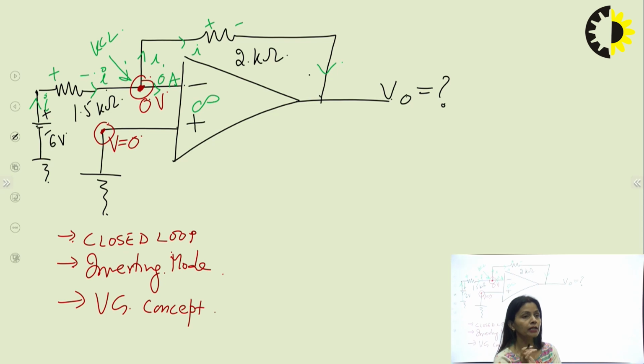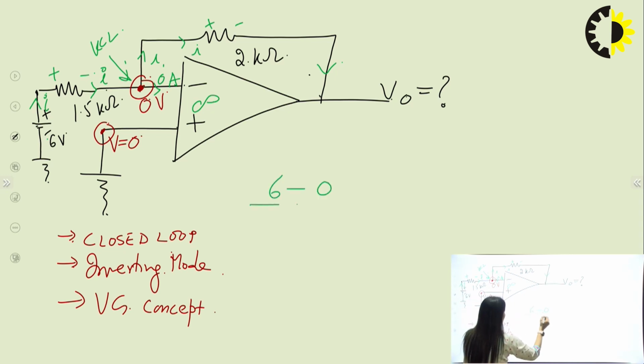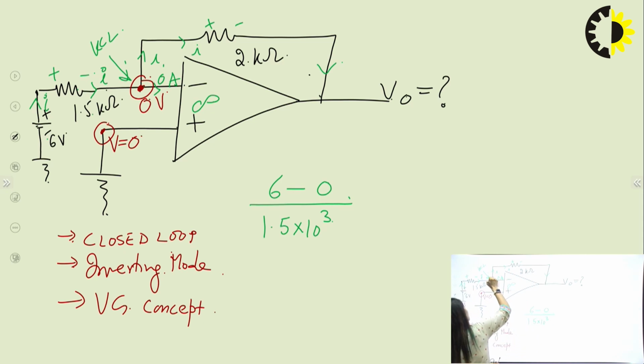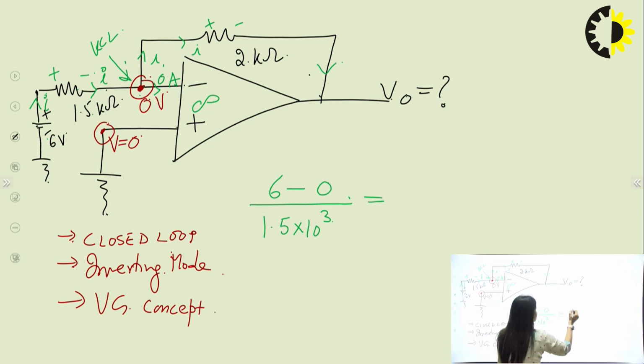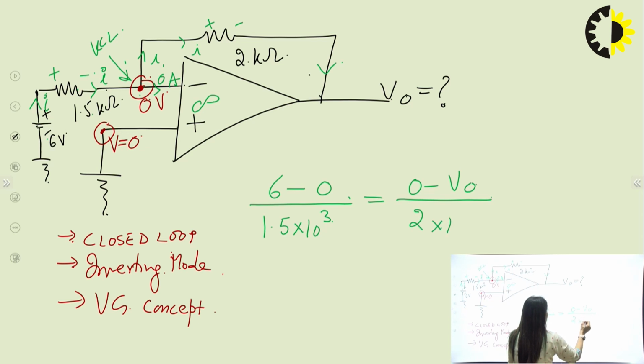Infinite input impedance has been offered by the OPAMP, so no current is going inside it. Applying the KCL at this particular point, that is (6 minus 0) upon 1.5 kilo ohm is equal to, this current is equal to this current, (0 minus VO) upon 2 kilo ohm.